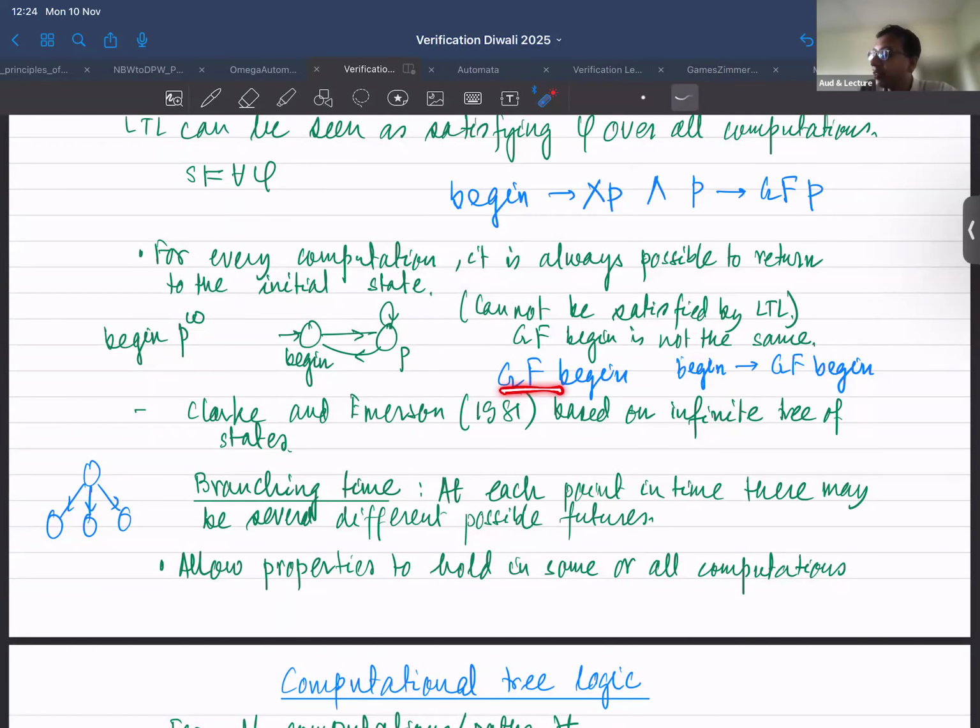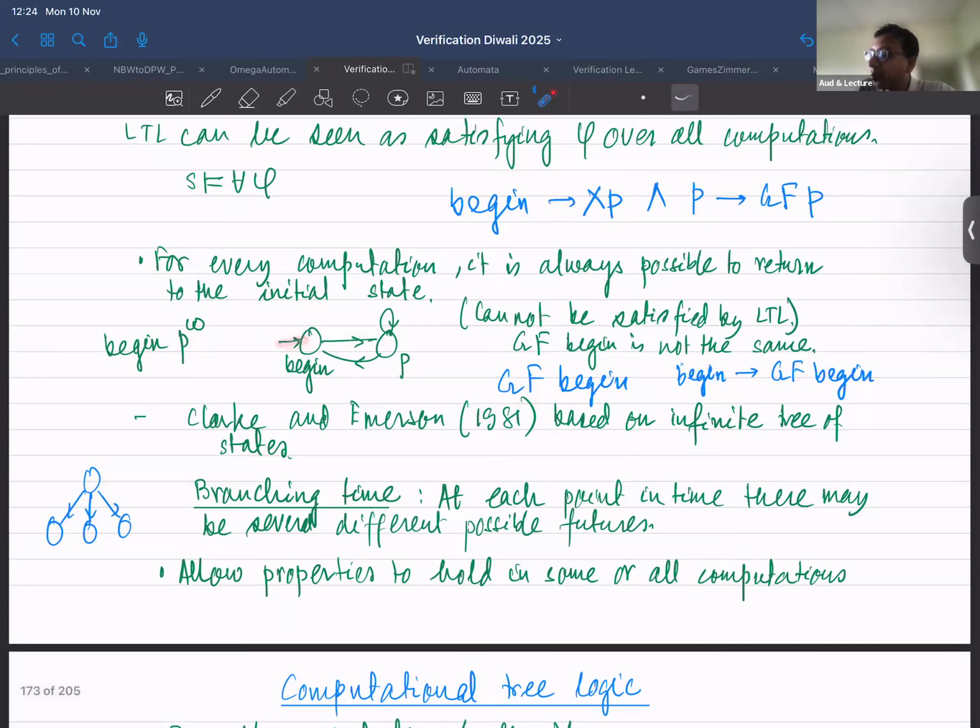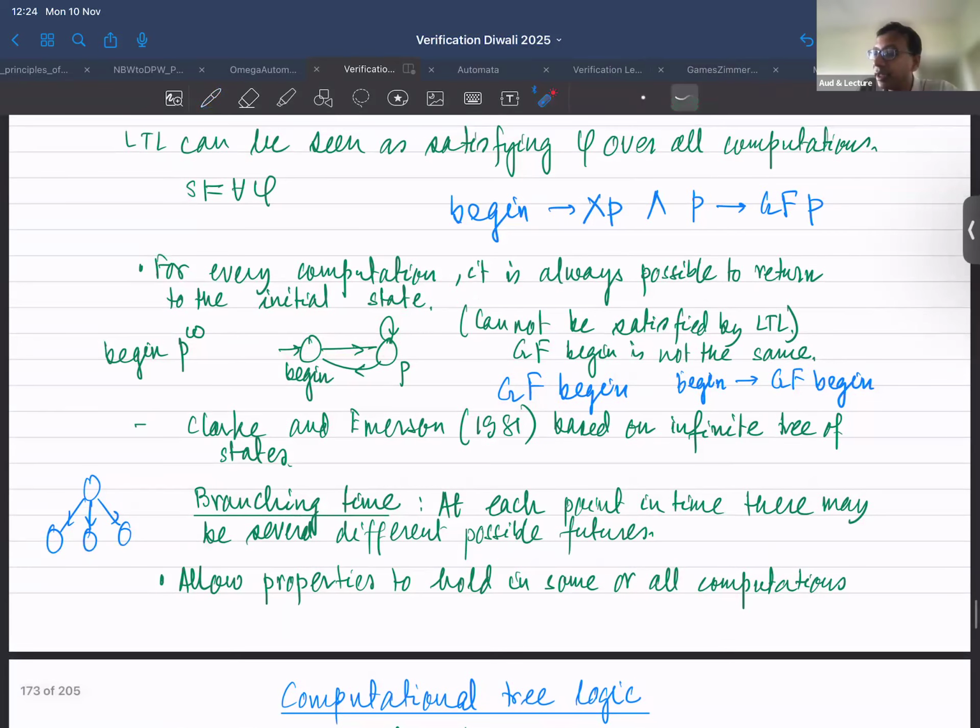You consider a path. So you come here and then you loop here. So you say begin p omega, this path. Begin p omega does not satisfy this property, GF begin. Is it clear that it does not satisfy this property?